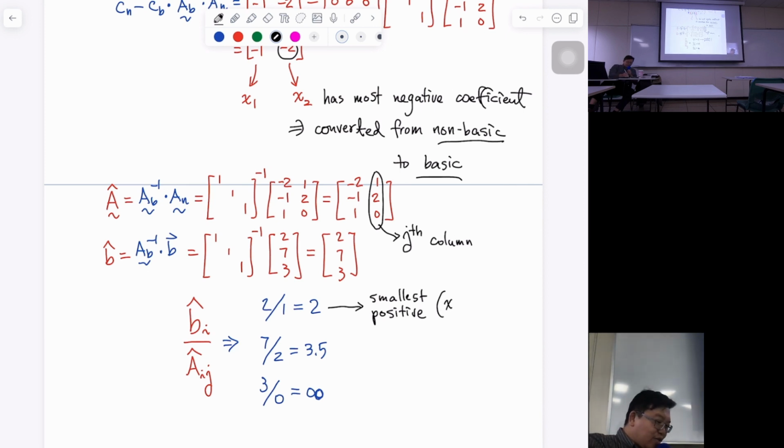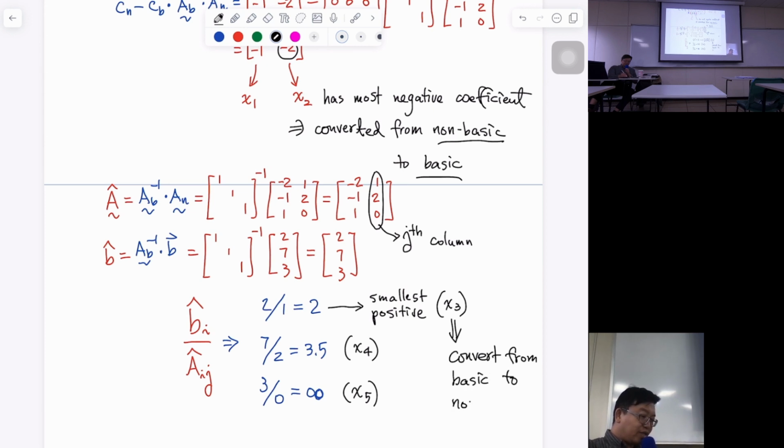This is representing x3, this is representing x4, this is representing x5. So x3 is chosen. I need to convert it from basic to non-basic.